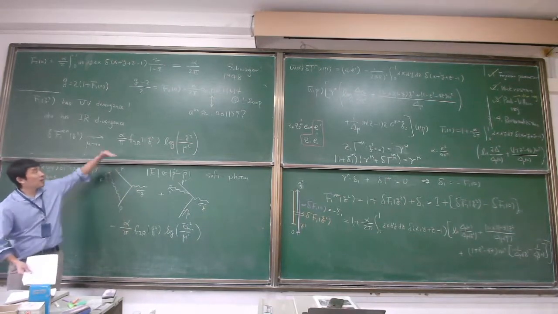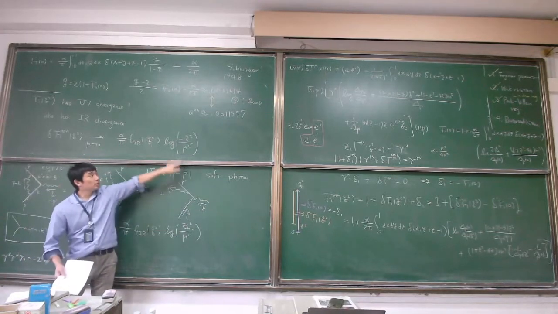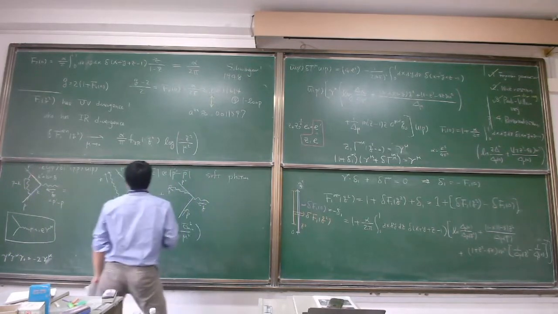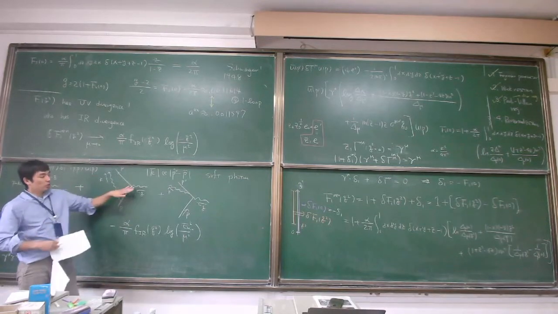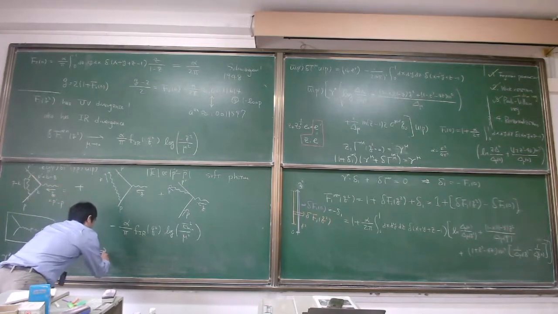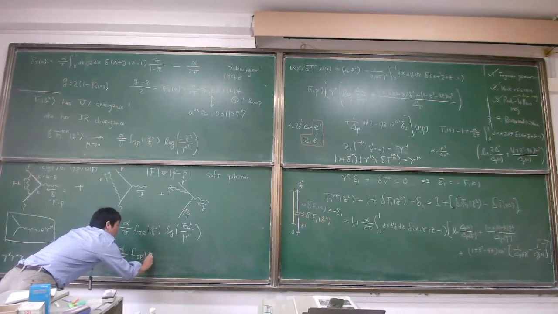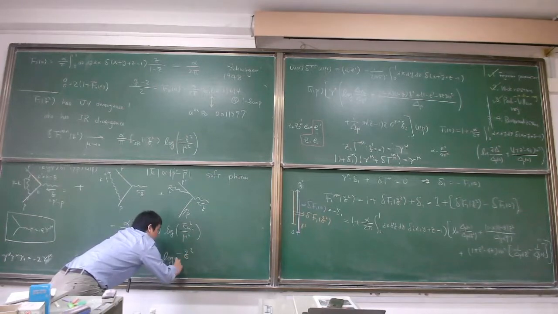But if you add them together, the mu cancels because of the sign. At the end of the day, these two terms have IR divergence, but if you add them together, what you get is alpha over pi F_IR of Q squared and log of minus Q squared over E minimum squared.